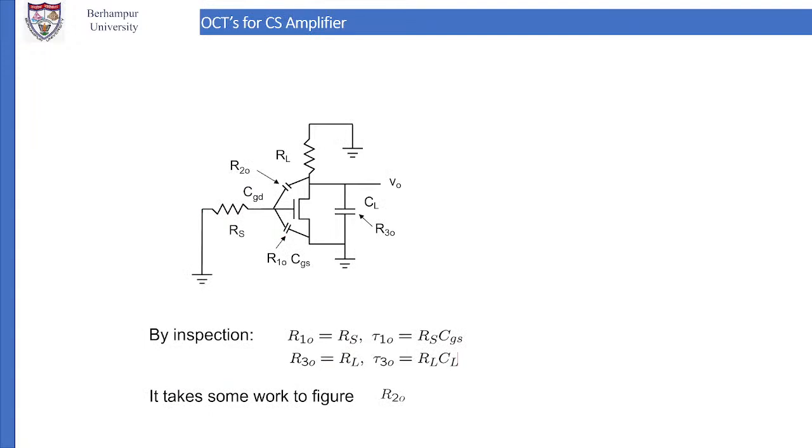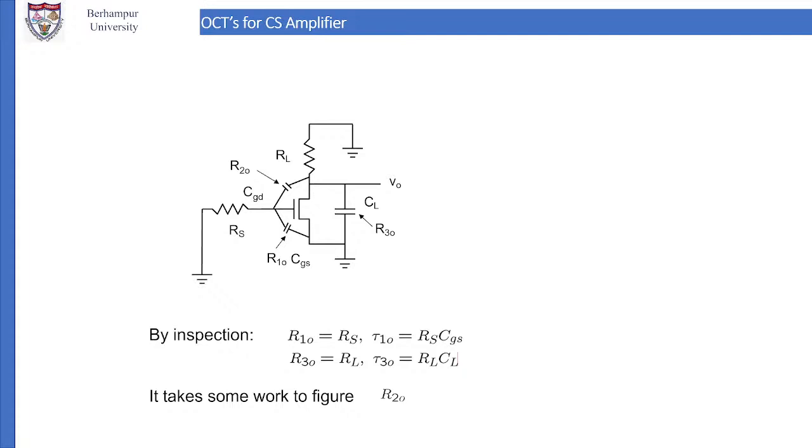Now consider the OCT for a common source amplifier. We have this common source amplifier here. Then you have the two capacitances connecting gate to source and gate to drain.